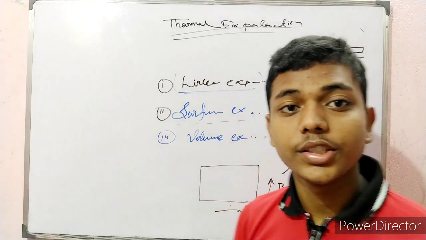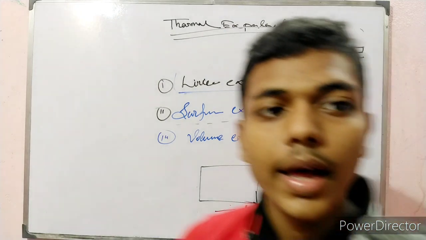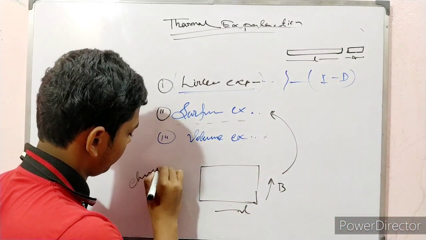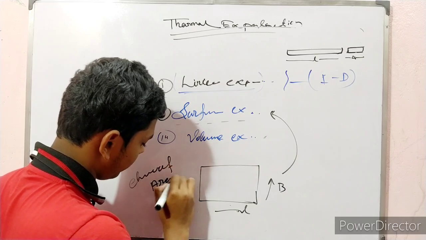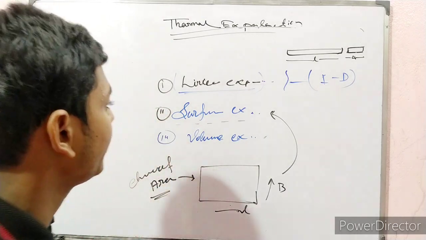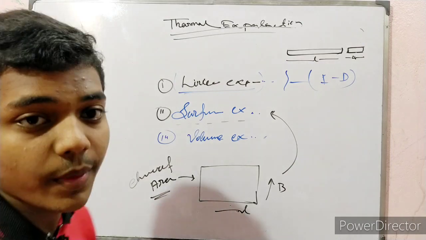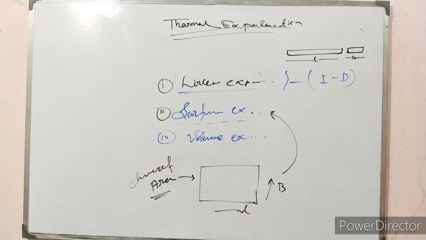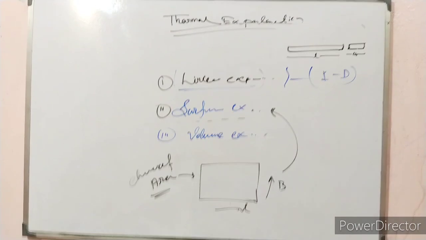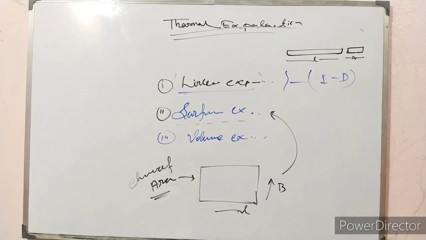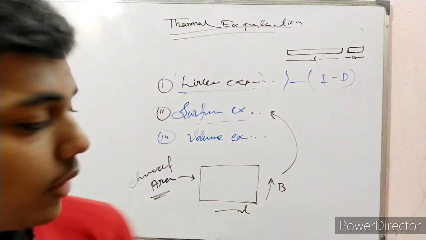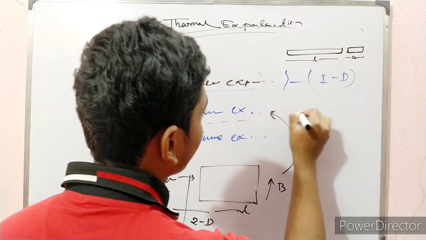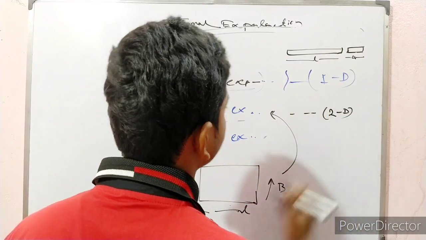When there is a change of area, this is said to be surface expansion. Is it clear? That is 2D.